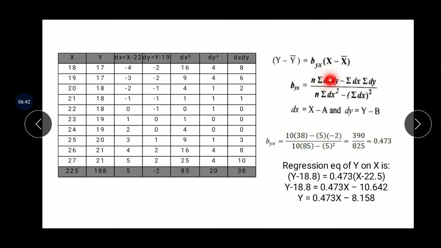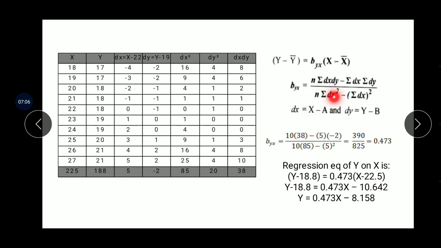Summation dx dy, first multiply and then sum, is 38, so we'll put 38 here, minus summation dx, which is 5, so we'll put 5 here. Summation dy is minus 2, whole divided by n, which is 10 again.